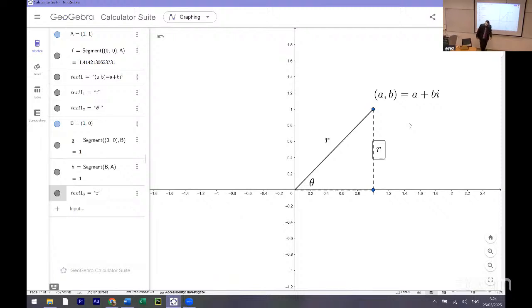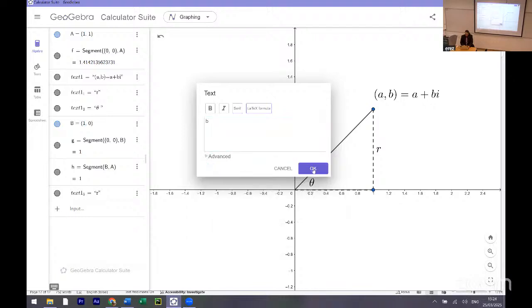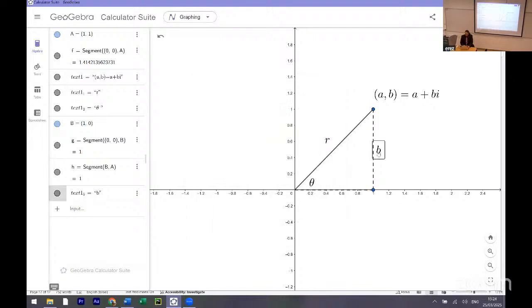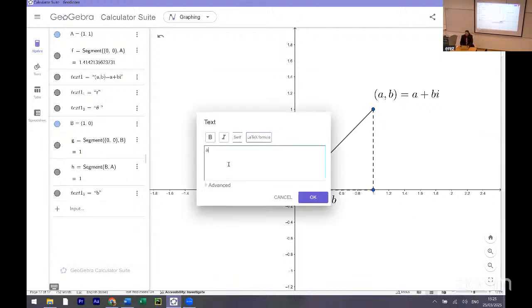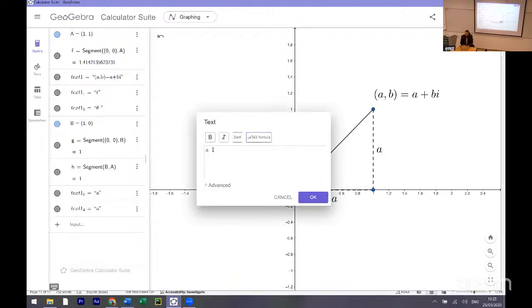B. So that's B. And the length of the other edge? Adjacent is A, adjacent and opposite. I forgot to copy it. So this is B again, right?